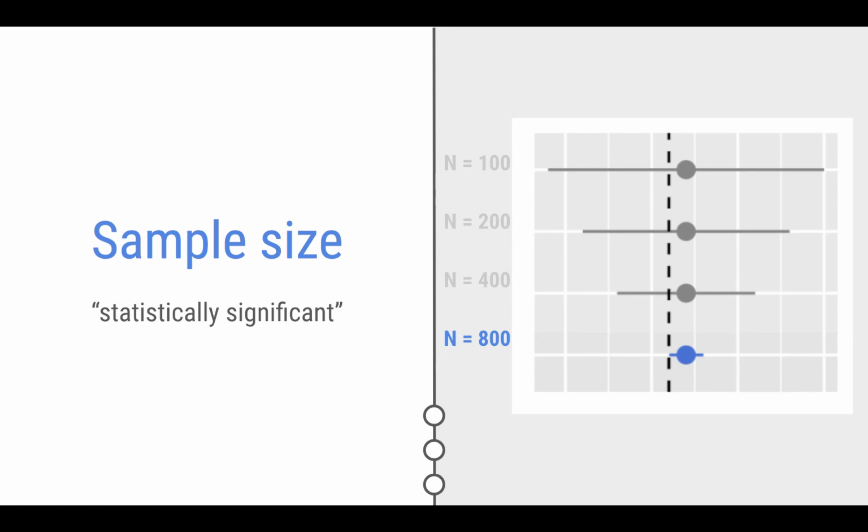So this sample would actually achieve statistical significance. But just because it achieves statistical significance doesn't mean it's actually clinically meaningful. So this is a crucial concept to keep in mind when you're evaluating studies in the medical literature. You want to make sure that things that are statistically significant are also clinically or scientifically meaningful.